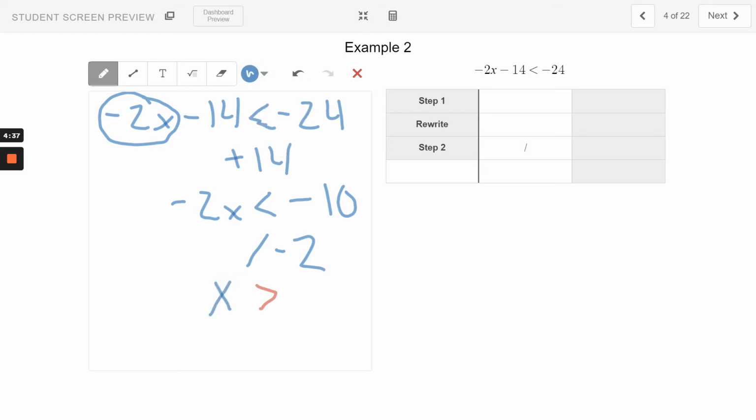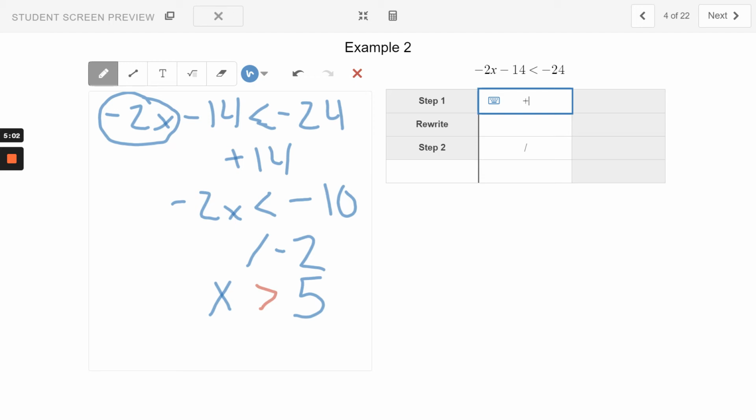X is greater than negative 10 divided by negative 2 is positive 5. Whenever we divide by a negative number, we're going to need to flip the inequality sign. And our steps will show this.